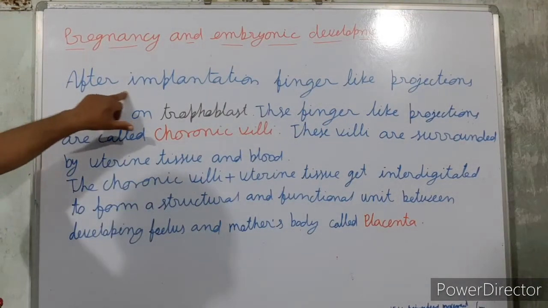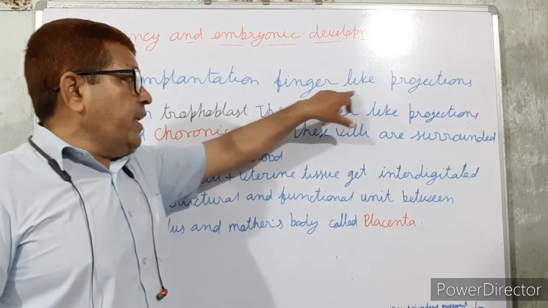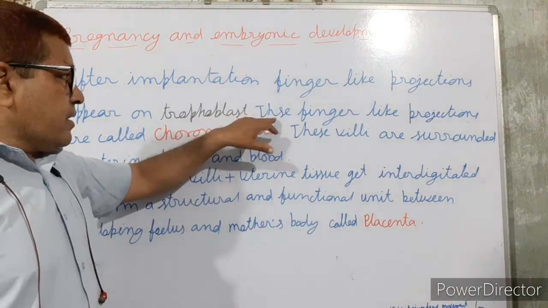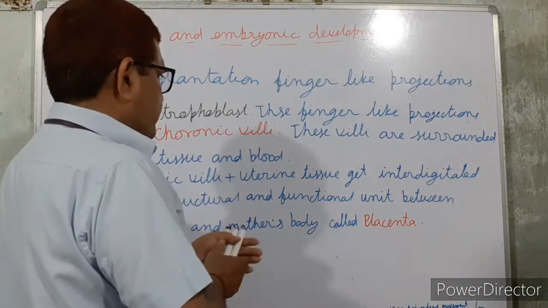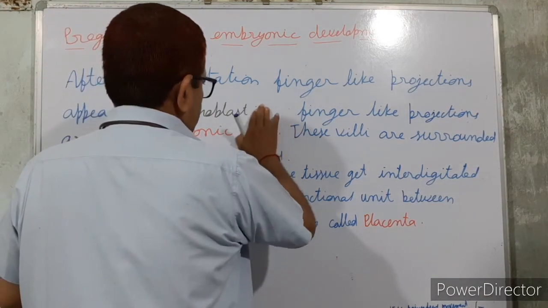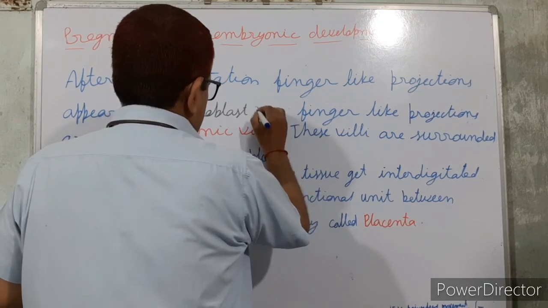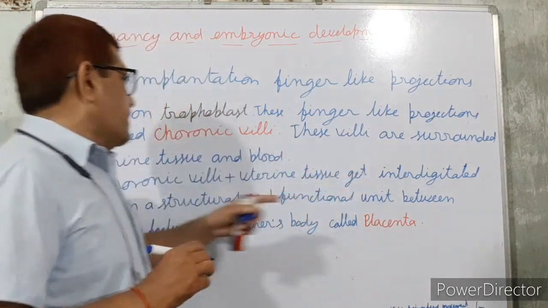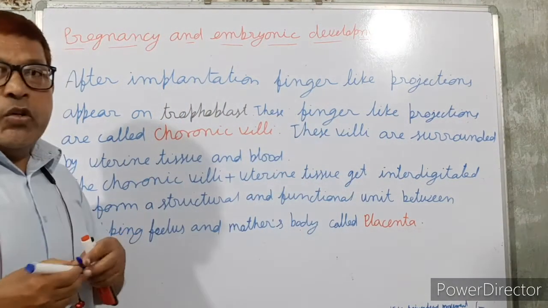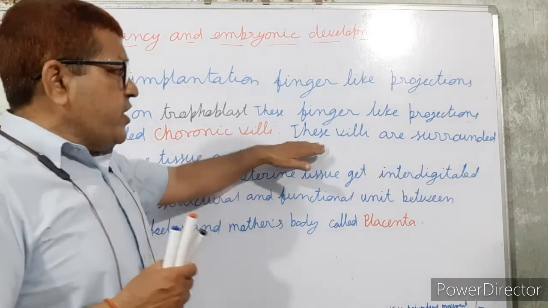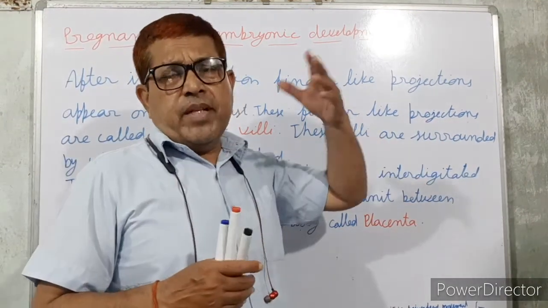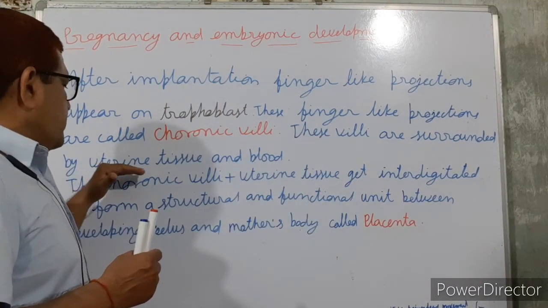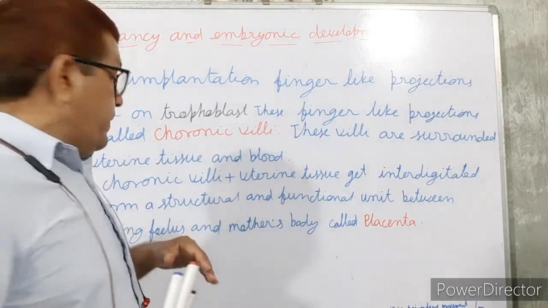So here, after implantation, finger-like projections appear on the trophoblast. These finger-like projections are called chorionic villi. These villi are surrounded by uterine tissue and blood.